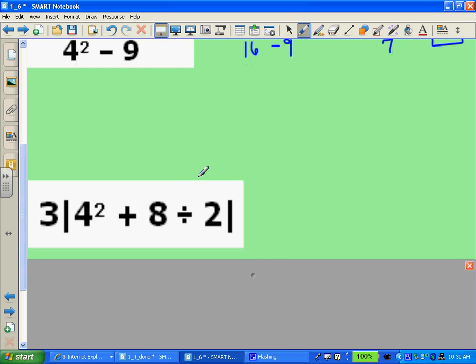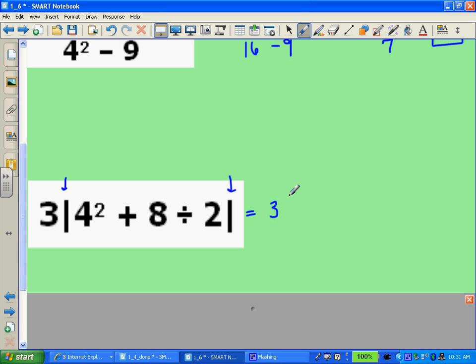Okay, here's an example with absolute value. Now I know that we've covered absolute value a little bit, and I believe you learned about it last year. Remember, absolute value makes numbers positive. It's a number's distance from 0. But they also act as parentheses. So these absolute value signs, that's what these lines are here, are just like parentheses. So I need to do what's in there first. So I got exponent in there.